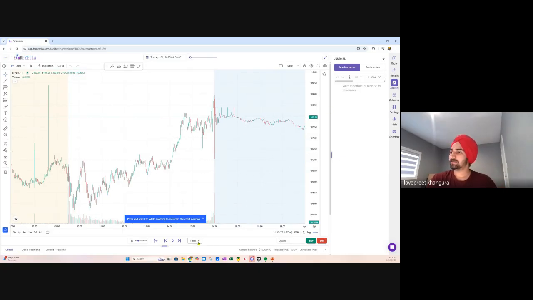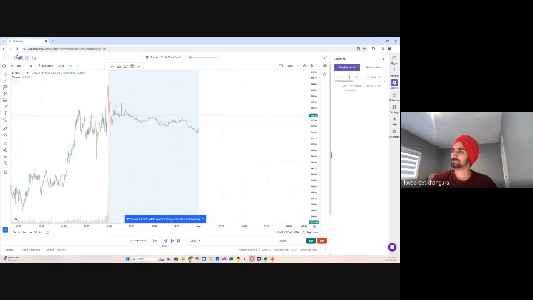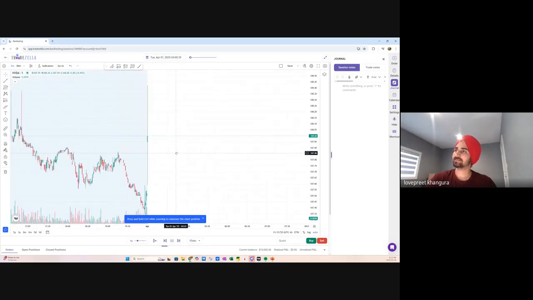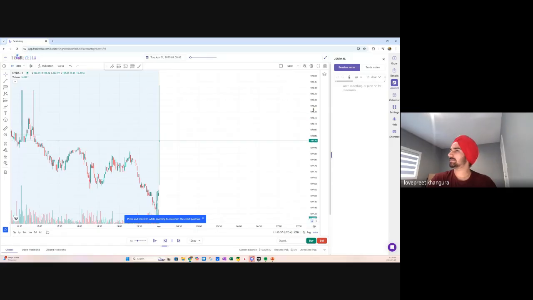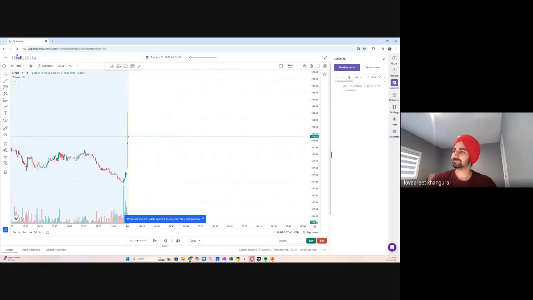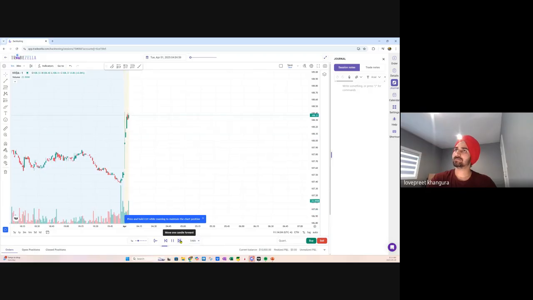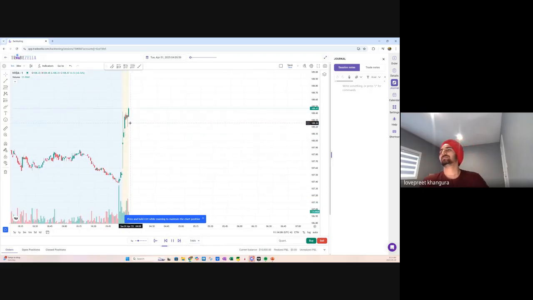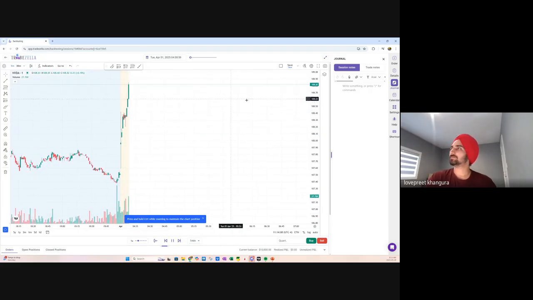Over here, you can choose how much time passes per second. If I choose 10 seconds, it'll pass 10 seconds per second, so 10 seconds per tick. Choose 1 minute. So it's a 1 minute chart, and every tick is 1 minute.